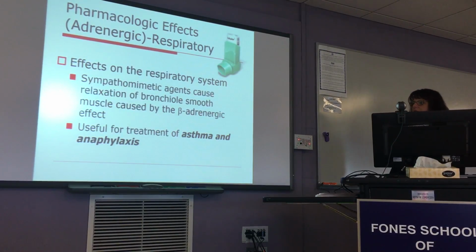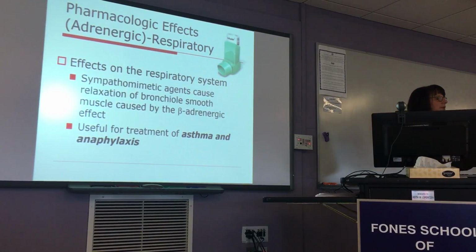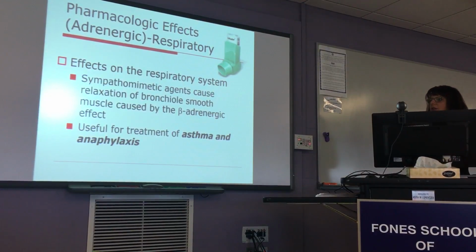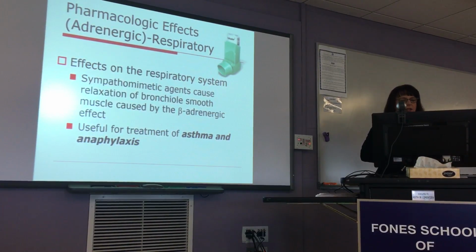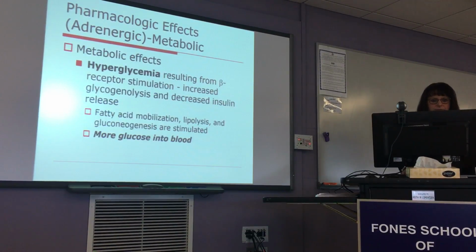What about the respiratory system? Again, we already talked about this a little bit. The sympathomimetic agents relax the bronchioles, causing bronchial smooth muscle relaxation and dilation. So this is useful in treating asthma and anaphylaxis. Ultimately, people die from respiratory arrest from anaphylactic shock, so this is useful for treating those.